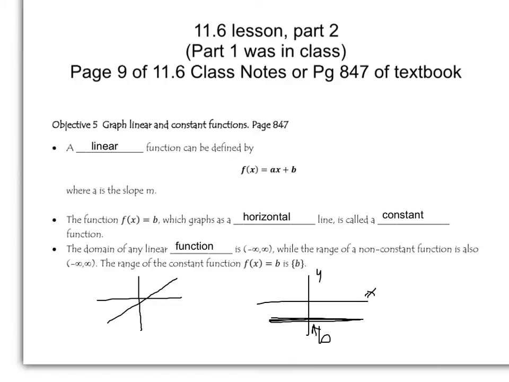Whereas the domain, the x values, still go from negative infinity to infinity. So this is the constant function, and if you just picture it, you'll be able to figure out that the domain is negative infinity to infinity and the range is b.